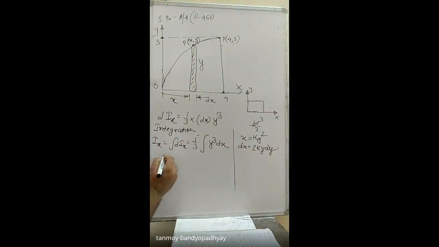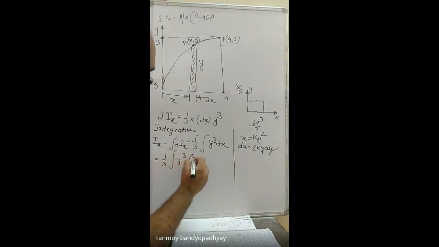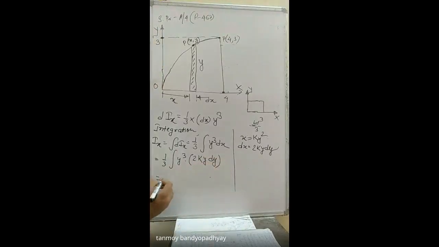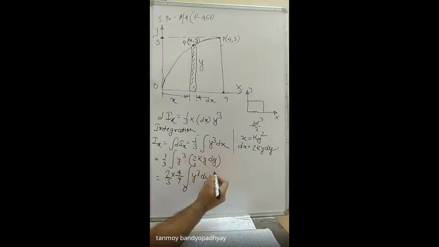If I put it here, integration of y cube into 2ky into dy. So it is 2k, and k was I think 4/9, divided by 3. Inside we have integration of y cube into dy, where y varies from 0 to 3. So complete this integration.